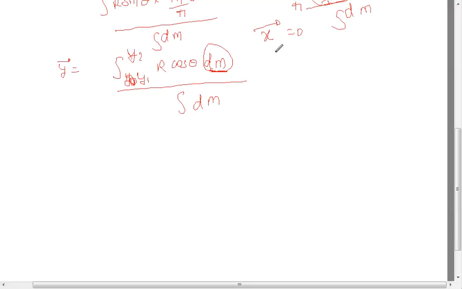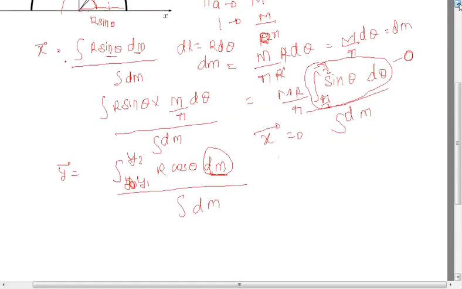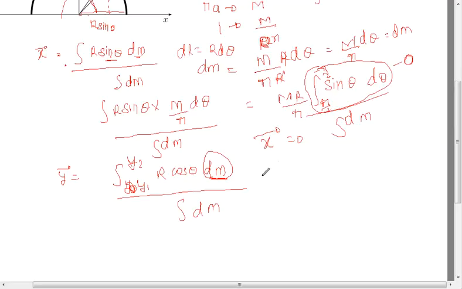I can write dm is equal to m by pi d theta.